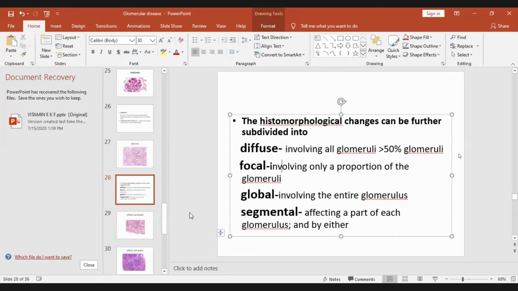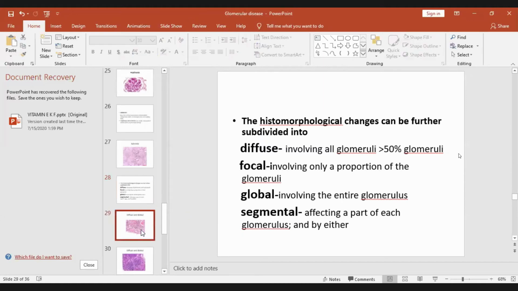When you use global, it means that one complete glomerulus is involved. And when you use segmental, it is affecting a part of the glomerulus. So you must know these words: diffuse proliferative glomerulonephritis, focal glomerulonephritis, global involvement, segmental involvement. These are the various terms used when we describe those diseases. You will come to know in subsequent lectures.